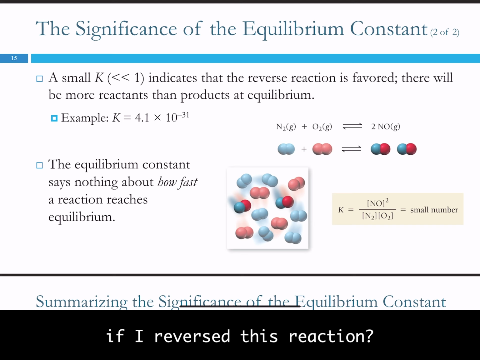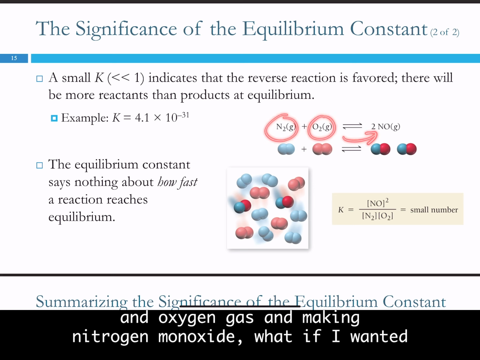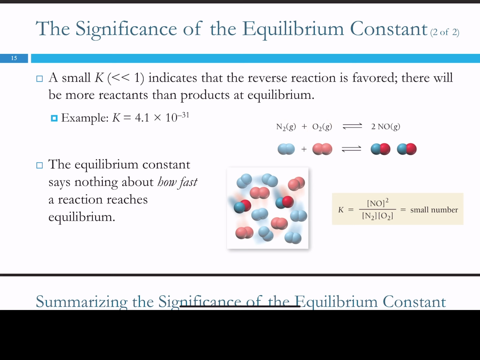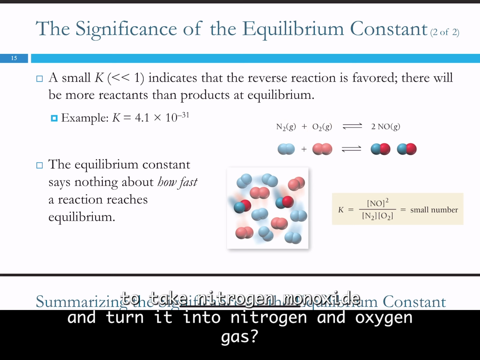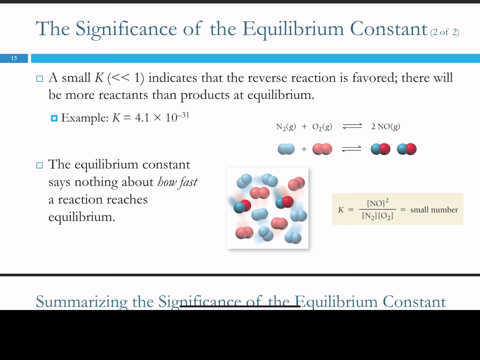What would happen, though, if I reversed this reaction? So if instead of taking nitrogen and oxygen gas and making nitrogen monoxide, what if I wanted to take nitrogen monoxide and turn it into nitrogen and oxygen gas? What would K be for the reverse?